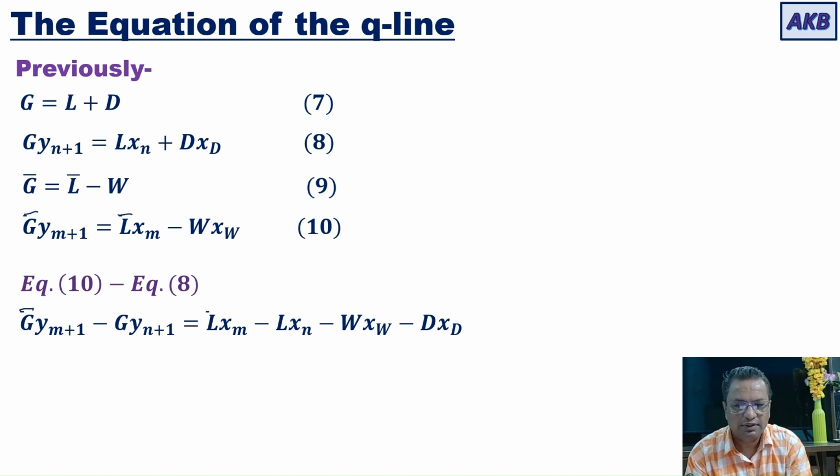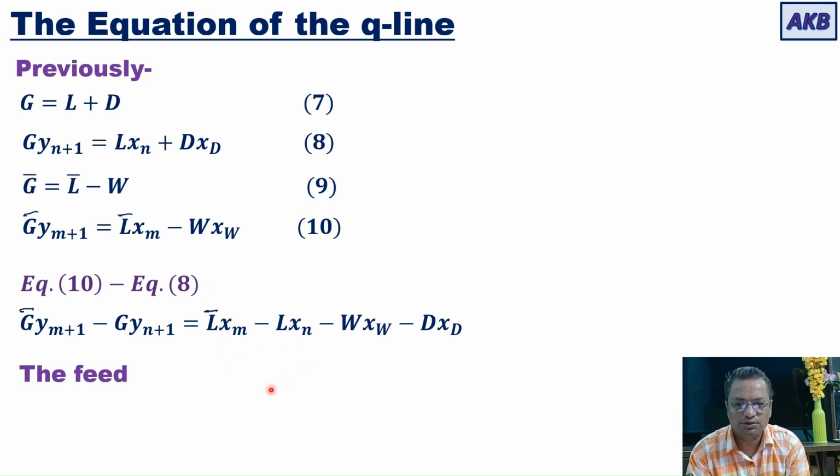Then that is equal to L bar M into Xm minus Ln into Xn minus W into Xw minus D into Xd. Okay. So we are subtracting this term from this term, and you get this.